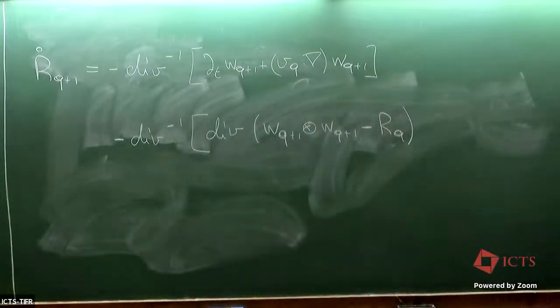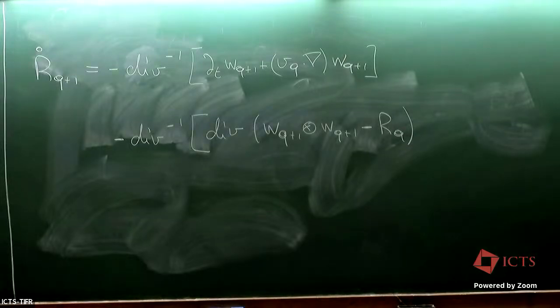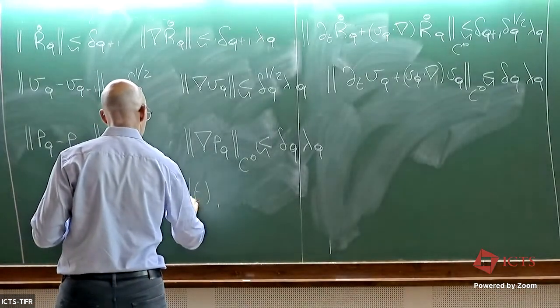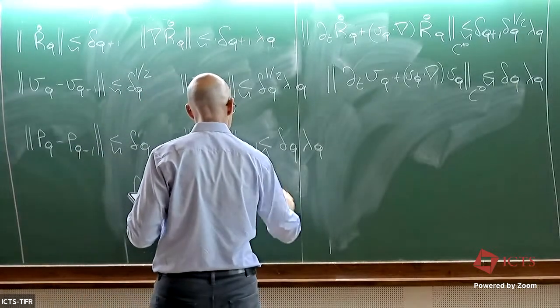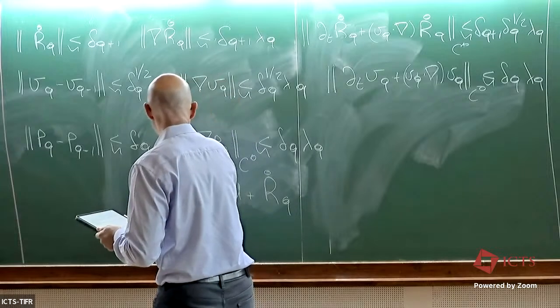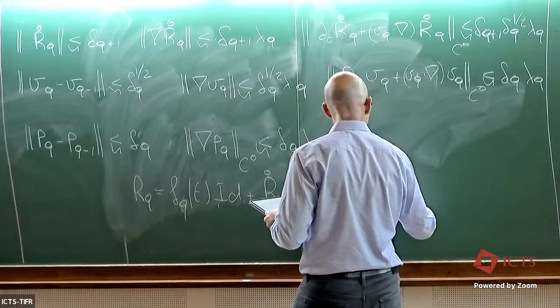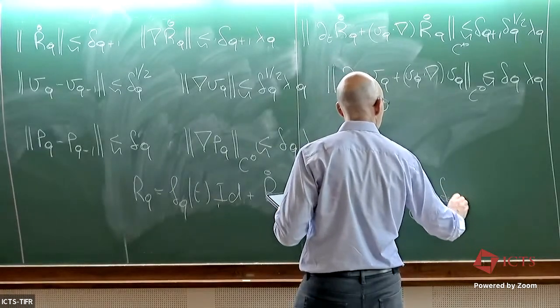Let me also call this thing over here RQ, so that I don't have to care about what it is. This one is really harmless, and I'm going to assume the norm of FQ in C0 is less or equal than delta Q plus 1.